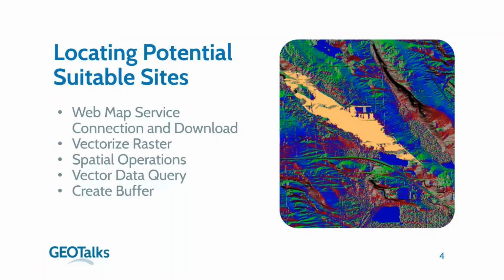Then we're going to perform a data query, based on the results of that spatial operation, to further narrow down our set of viable parcels. And then lastly, we're going to apply a buffer to our line features representing the locations of our power lines, and then do one more spatial operation to find all of the parcels that are within that 0.2 mile buffer.